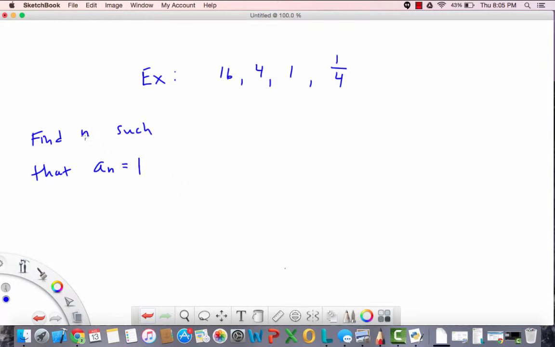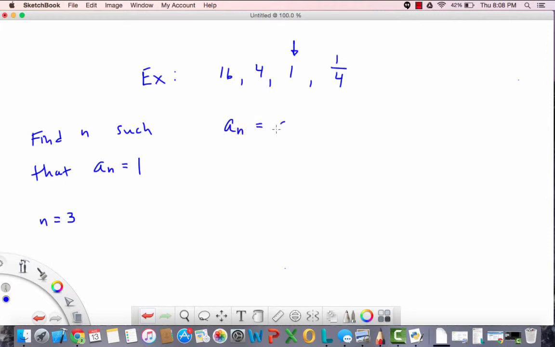In other words, what is the position number that gives us a value of 1? Now we know it's right here, and that's position 3. So we expect the answer to be 3. But it's okay that we know the answer going in, because this method can be used to solve any problem of this type. So let's start with our explicit formula.